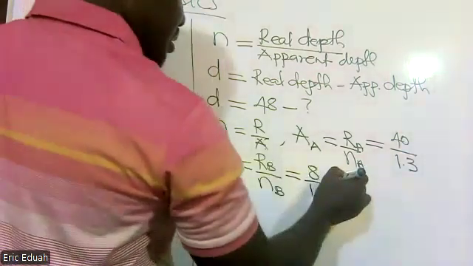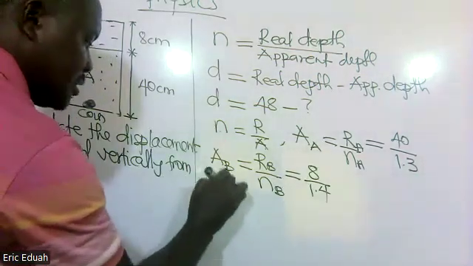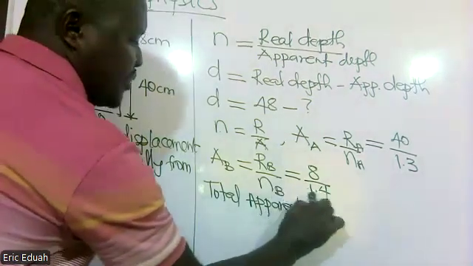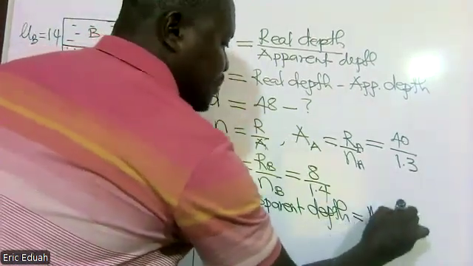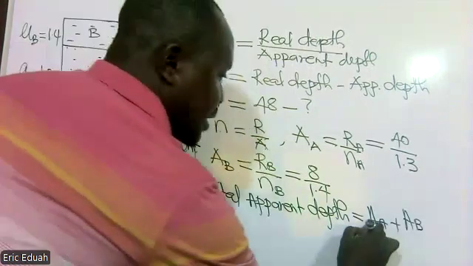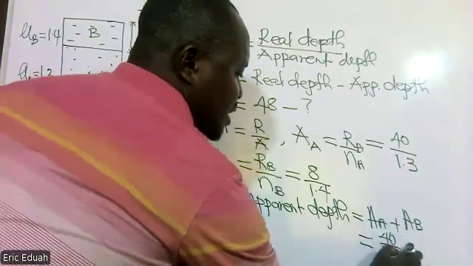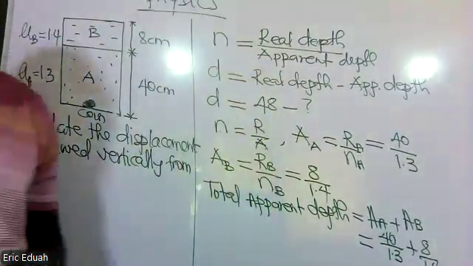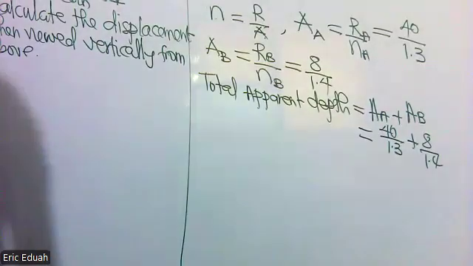And so the total apparent depth is equal to the apparent depth of A plus the apparent depth of B. So we have 40 on 1.3 plus 8 on 1.4. Please sum this up for me. What will be the total apparent depth?